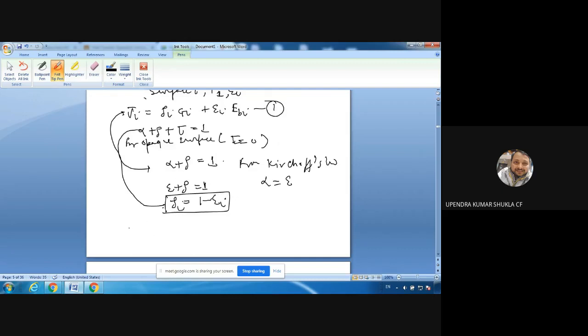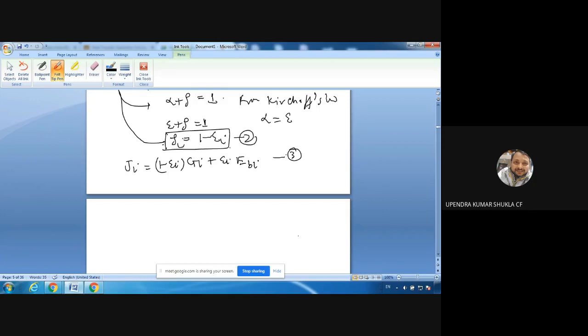So Ji is equal to (1 minus epsilon I) Gi plus epsilon I Ebi. This is equation 2, and by putting equation 2 in equation 1 we get equation 3.